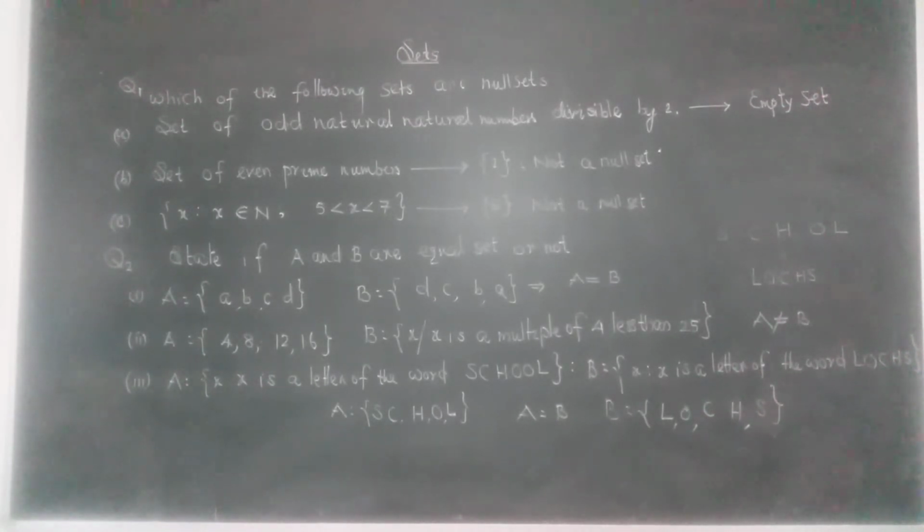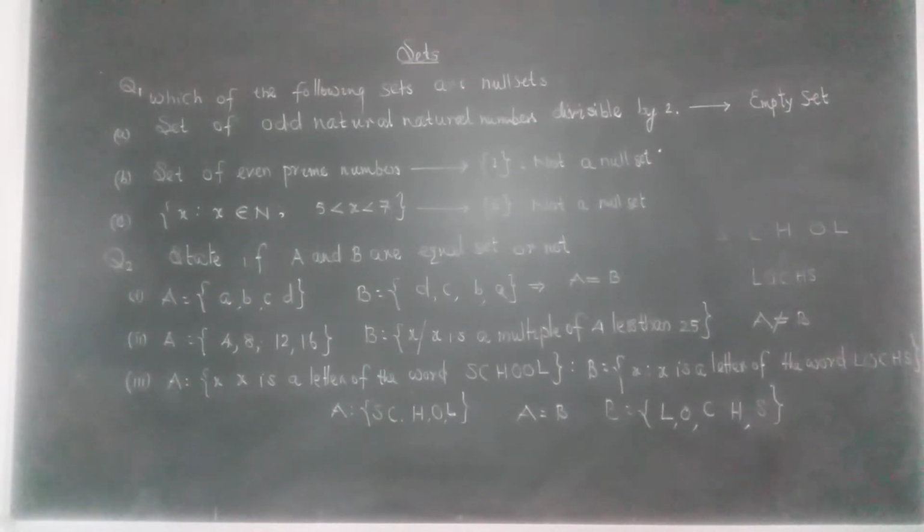Today's question is something again related to the previous one, but one extra addition would be there regarding the equal sets. So the first question today is which of the following sets are null sets? Here we are introducing a word, null set. Yesterday we were telling the same concept using a different name, that is empty set.